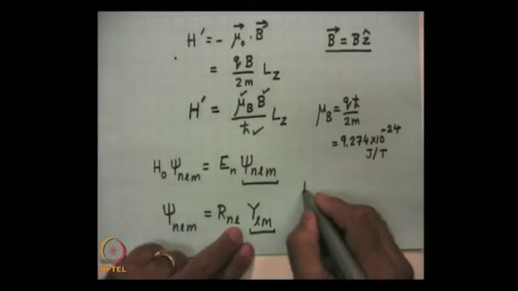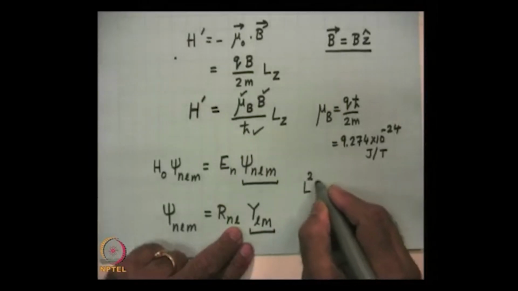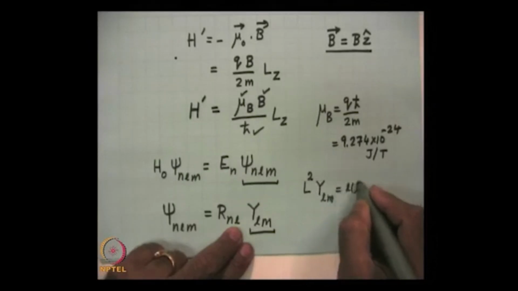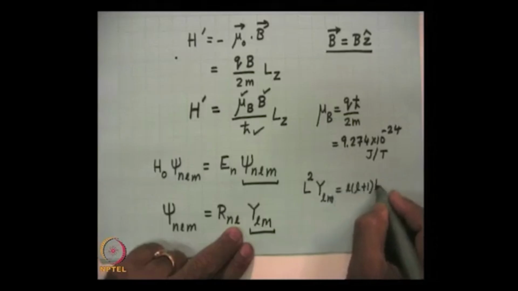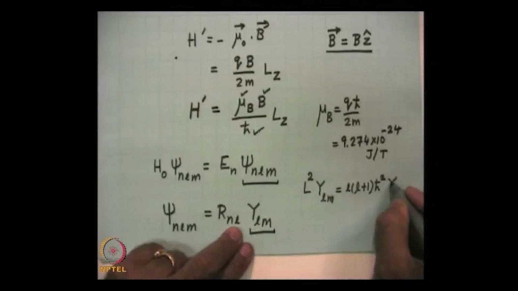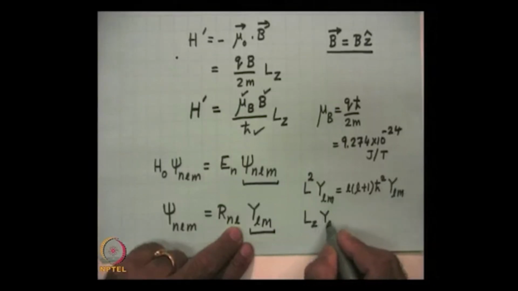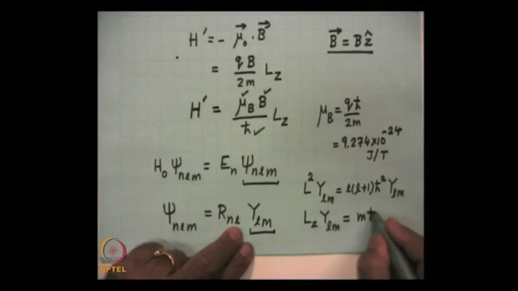The spherical harmonics are simultaneous eigenfunctions of L square, with eigenvalue L into L plus 1 H cross square, and of Lz, with eigenvalue m H cross.